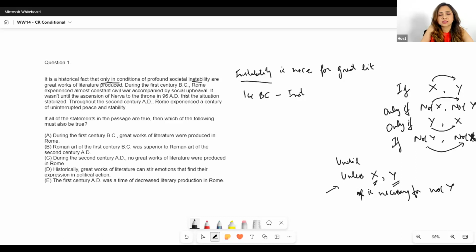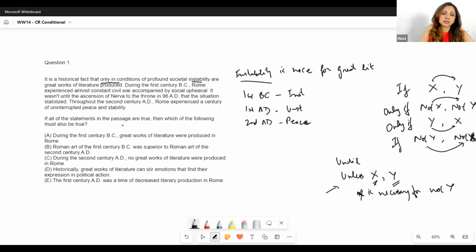Okay, so 96 AD. So basically, they're saying that the first century AD also was unstable. And then the second century AD, because 96 AD is almost like the end of the first century, right? So this is when there was peace. So this is the data that is given to us.